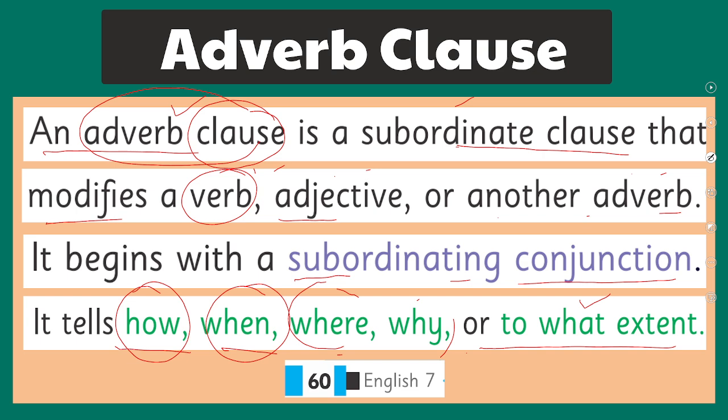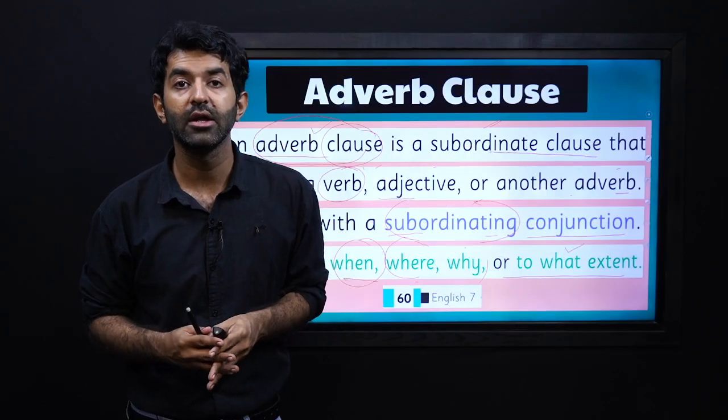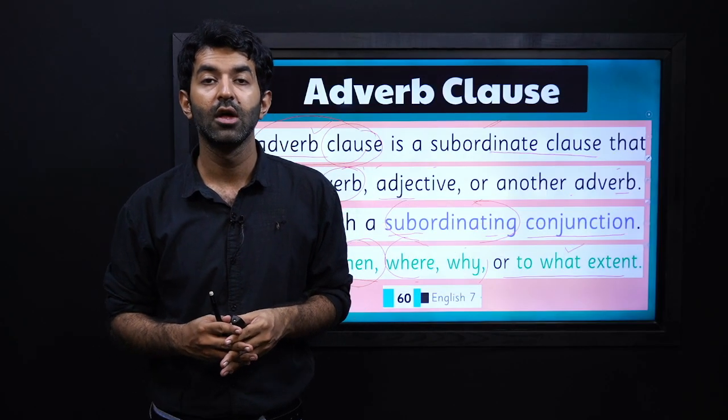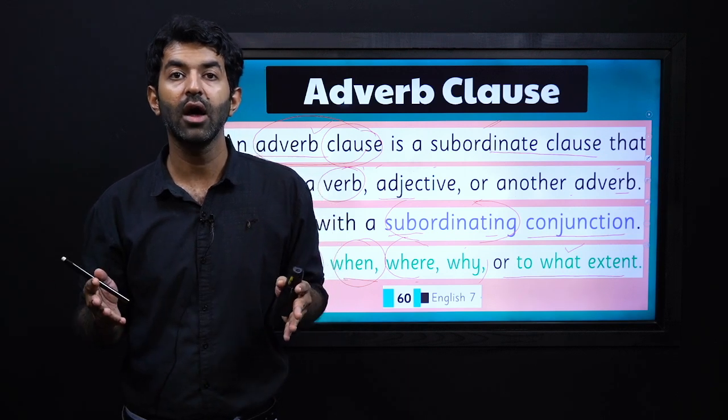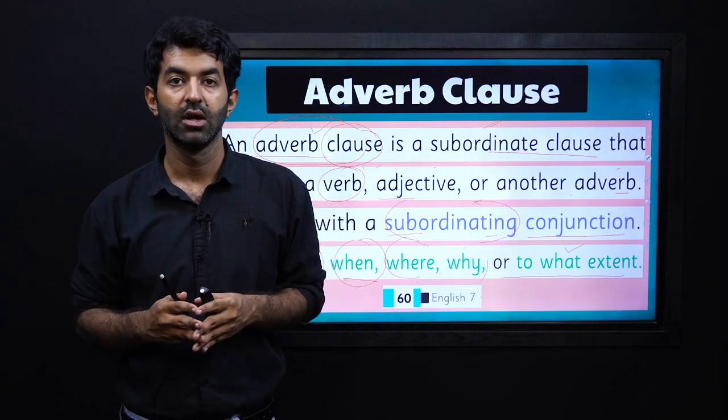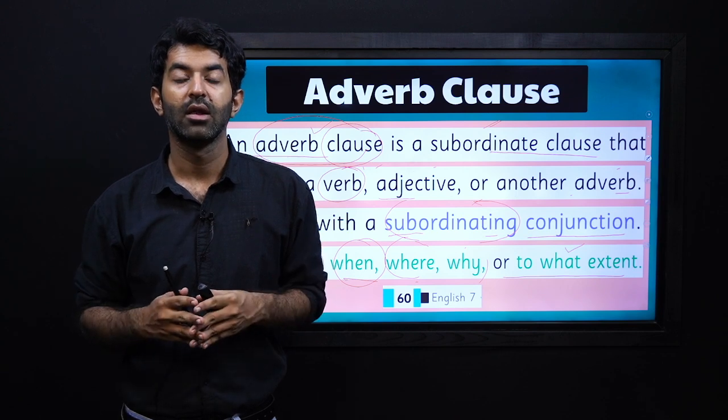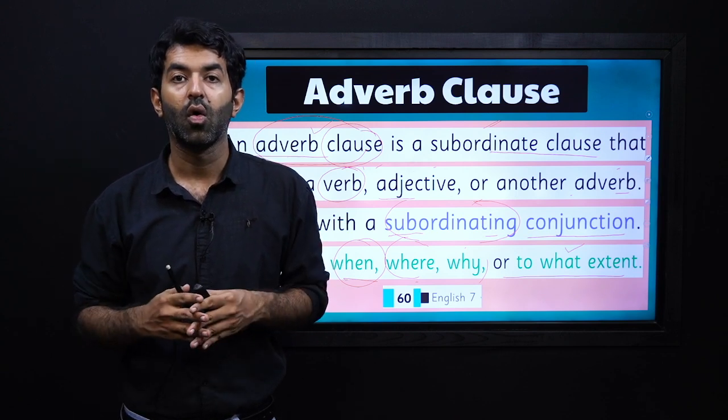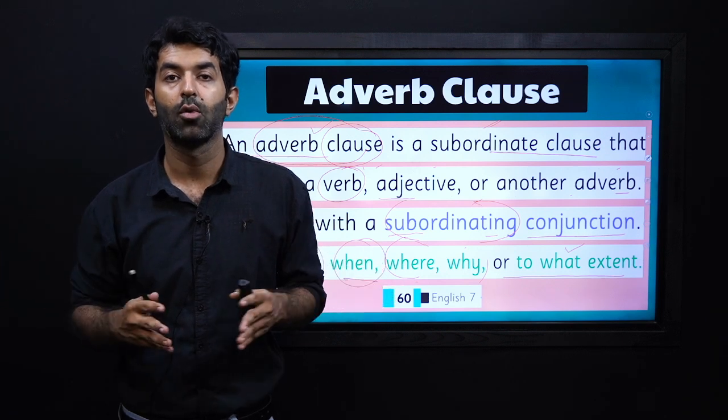So let's revise. Adverb clauses are subordinating clauses. It means they are dependent. And dependent clauses are always starting with subordinating conjunctions. And apart from the coordinating conjunctions, which are fanboys, the rest of the conjunctions are subordinating conjunctions, like while, like whether, or all these kinds of subordinating conjunctions.